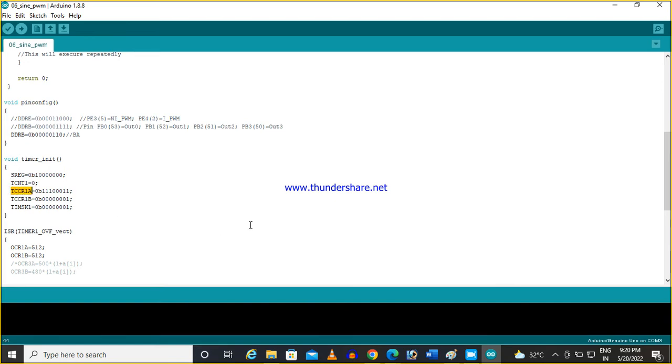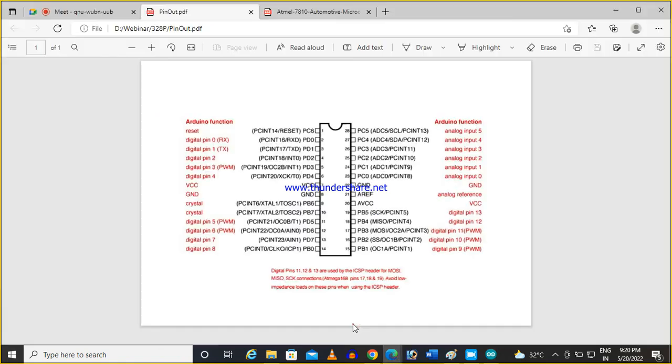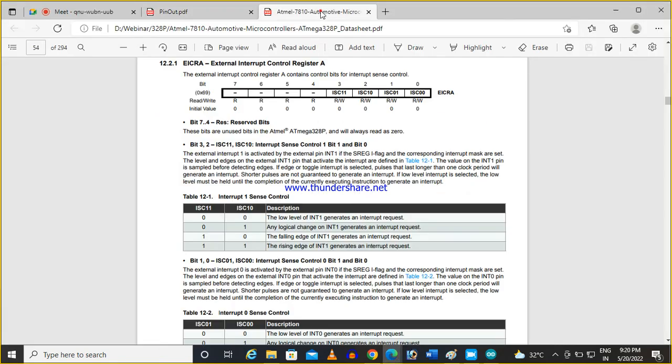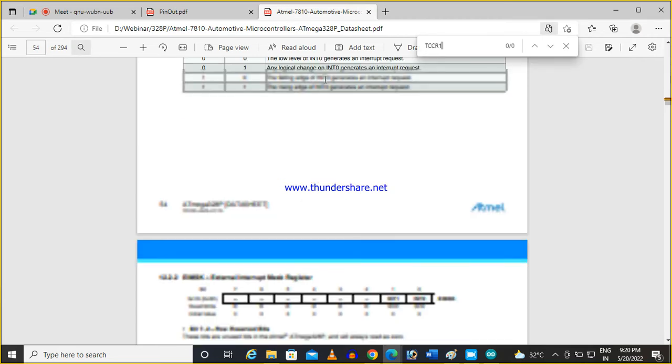Now a few more registers. TCCR1A, timer counter control register channel A. Let us see what that register is.